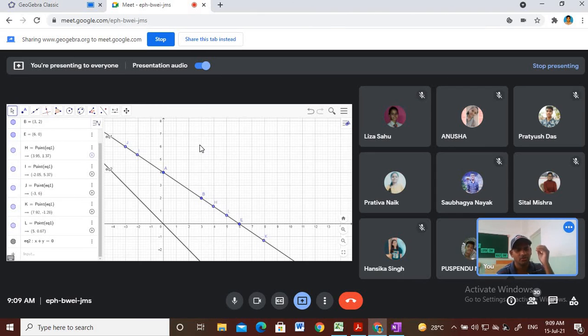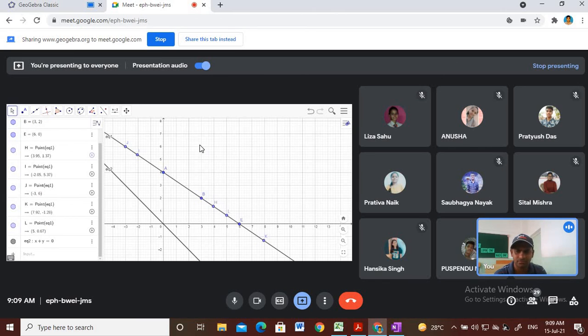Very simple. You take any x value, put it in that equation, and find the y value. If you write the x value and y value as a coordinate pair, that is the solution. There are infinite numbers, so you take any x value and substitute it in the given equation.